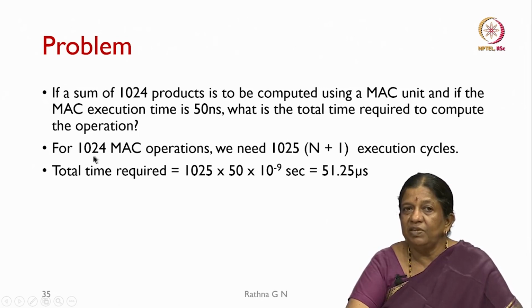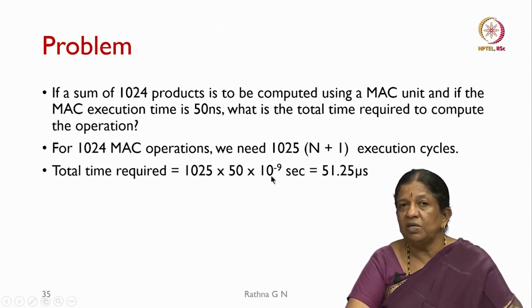So, we said 1024 MACs are needed. So, we need basically n plus 1, which is nothing but 1025 execution cycles. So, the total time required is 1025 into 15 nanoseconds, because each operation takes 15 nanoseconds, which is nothing but 15 into 10 power minus 9.